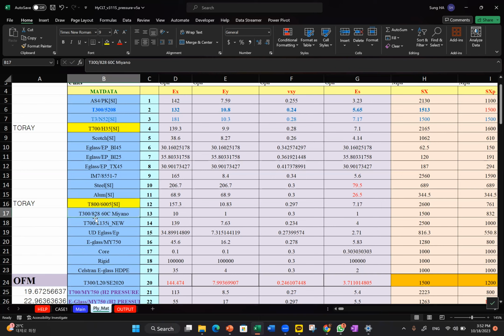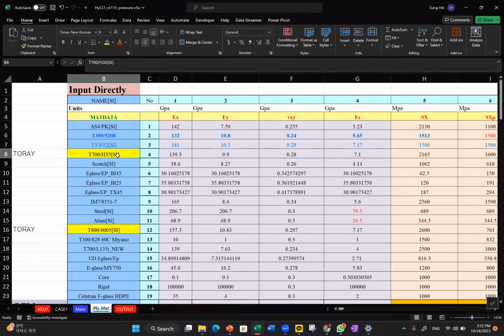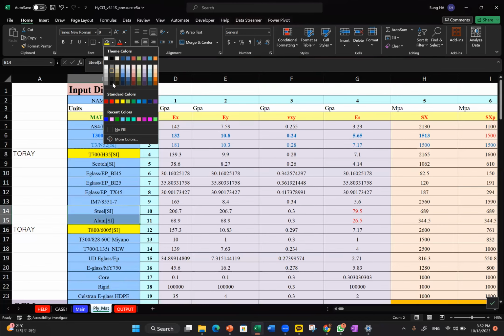And T700, T300, well, there are some different user-defined ones. Don't pay attention to this. So anyhow, as you can see, these are very typical material properties you can play with: this carbon fiber case is the one you can use, and then these two represent isotropic materials.